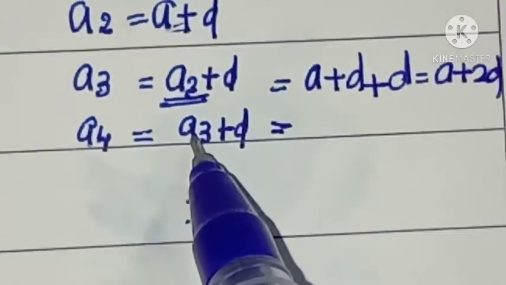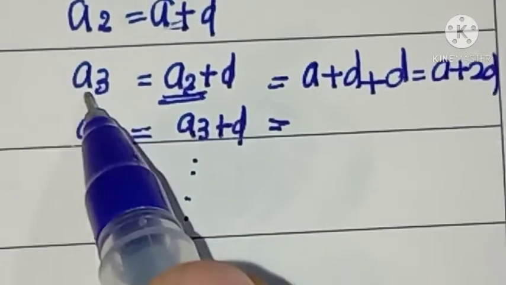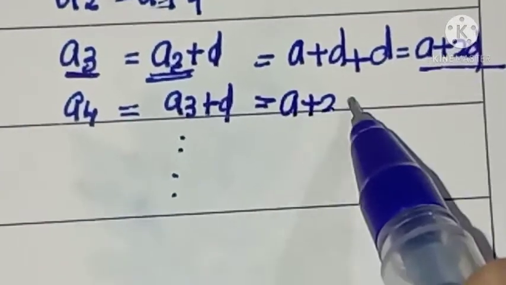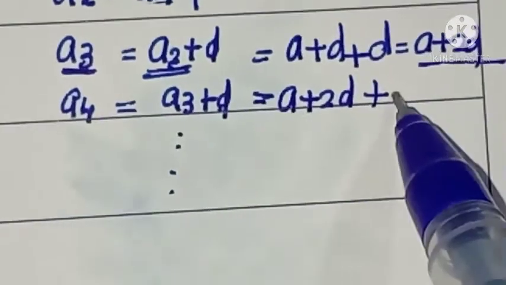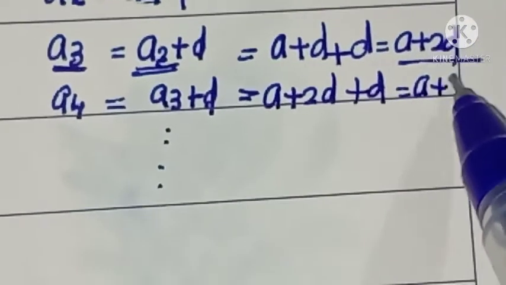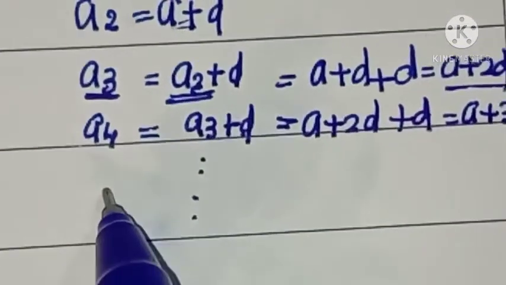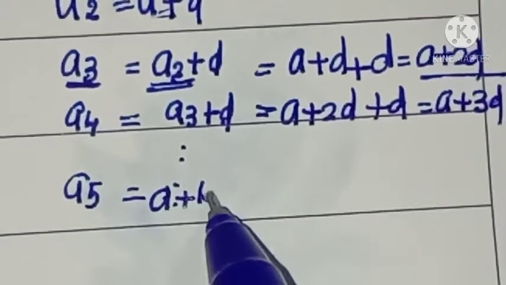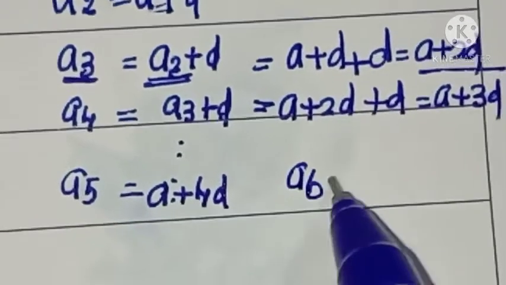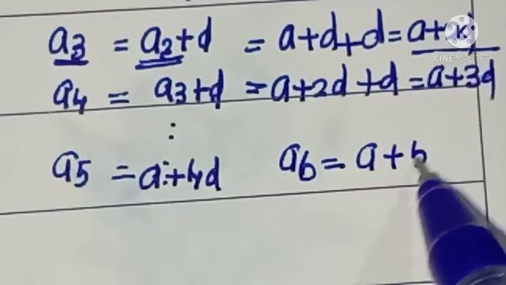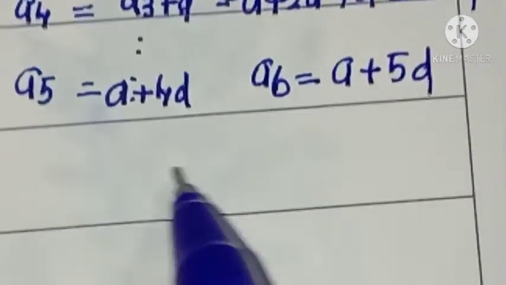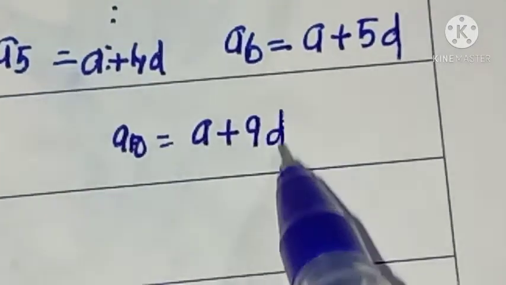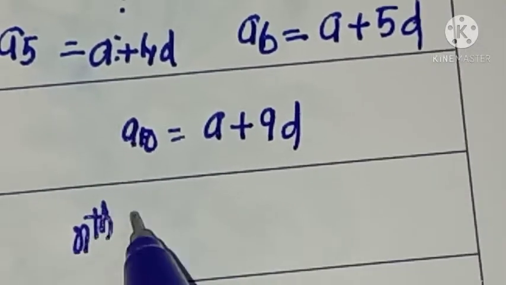Now a3 means third term. Third term can be written as a plus 2d plus d, that is a plus 3d. Similarly, fifth term can be written as a plus 4d. Sixth term can be written as a plus 5d. 10th term can be written as a plus 9d, or nth term.